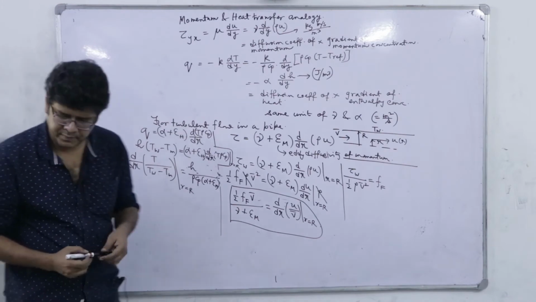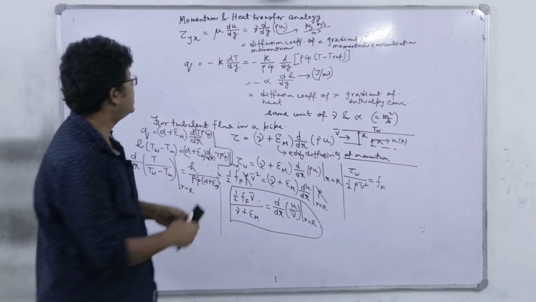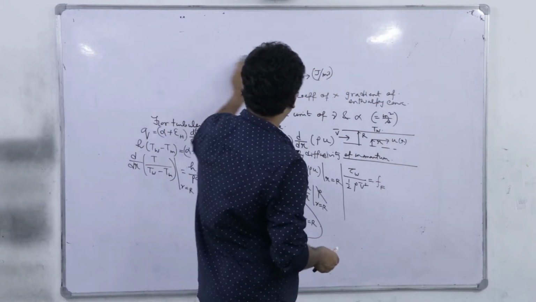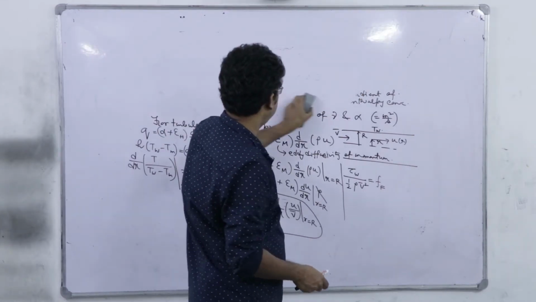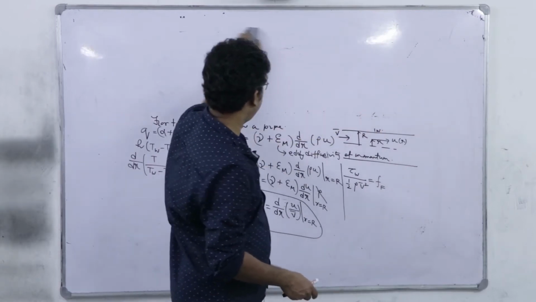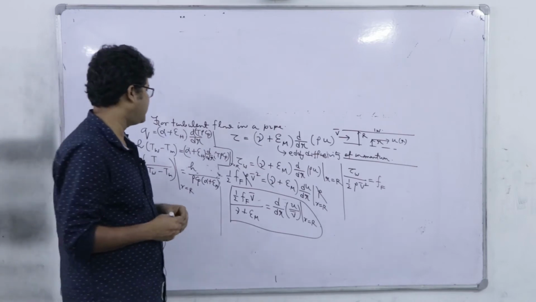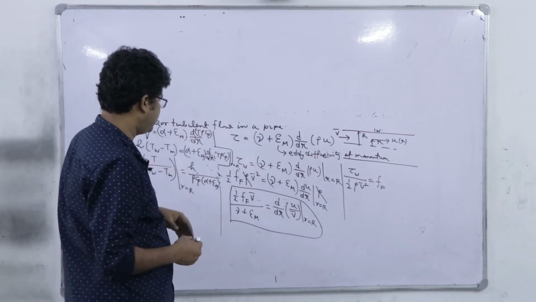Now, what was pointed out by Reynolds is that the temperature gradient and velocity gradient will be the same provided we have the same diffusivity expressions. How come this is true?